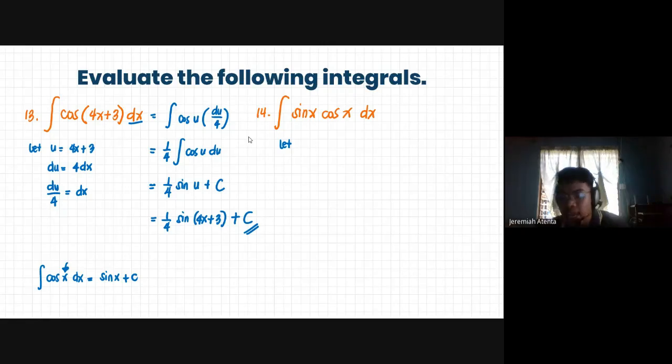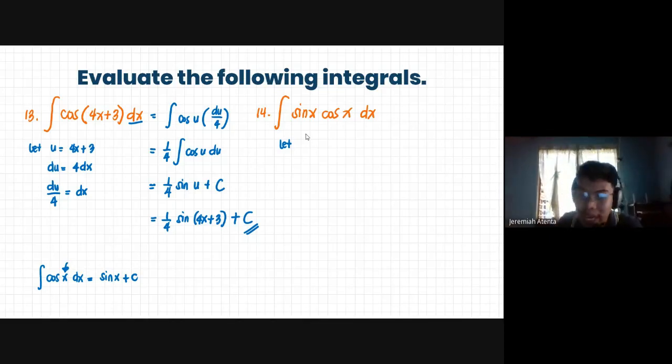So, it's negative sine x. Sige, let u natin si cosine. Ito yung madalas na mistake kasi ng mga students, yung integral at derivative ni sine at cosine kasi magkakabaliktad lang yung mga signs nila. Okay, so please do not mix the derivative and the integral kasi malilito kayo. Okay? So i-memorize nyo talaga yung mga formula.